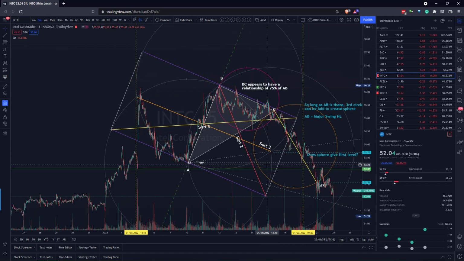The 3 circles there create this right here, AB to the square root of 3. That's your spherical triangle. And this would be a point which price did come right into test. So you know there's a target down there. It's just when would it hit? That's the part you have to try to time.